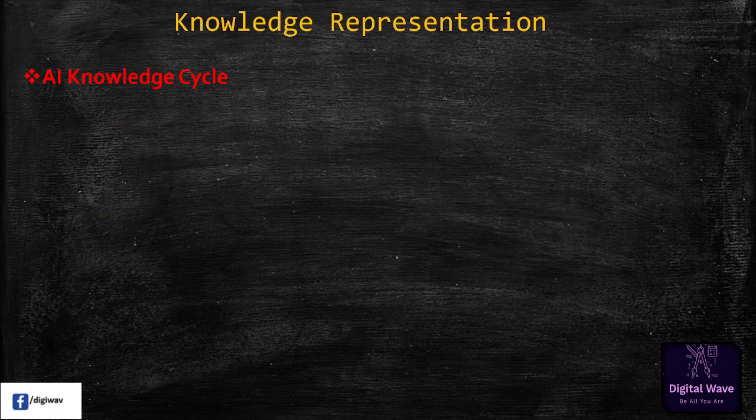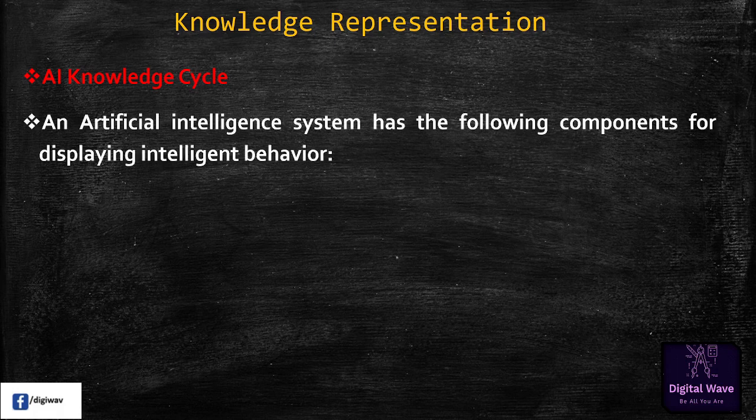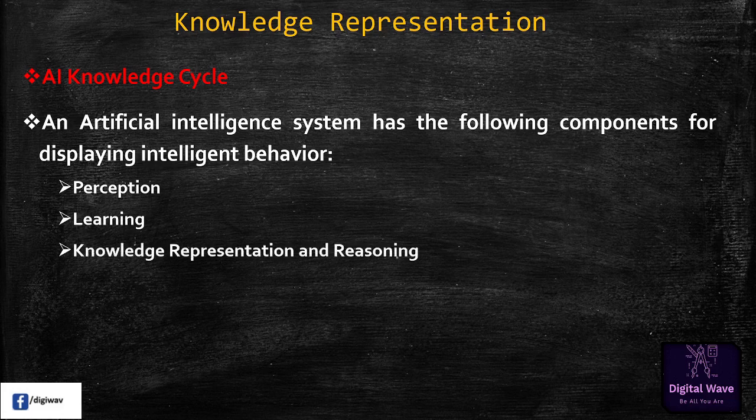Now we will understand the artificial intelligence knowledge cycle. An artificial intelligence system has some components for displaying intelligent behavior. The first one is perception, second is learning, third is knowledge representation and reasoning, and then planning and execution. We will understand this AI knowledge cycle with the help of a block diagram.